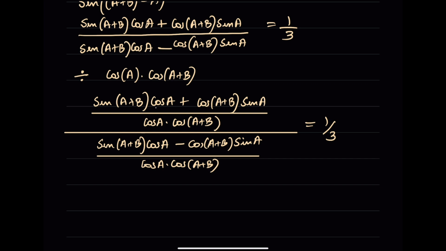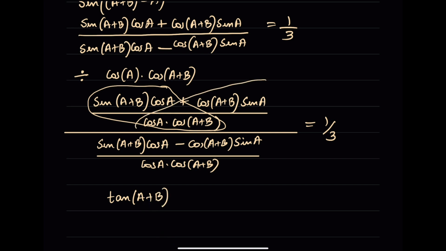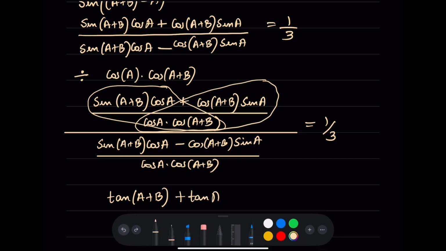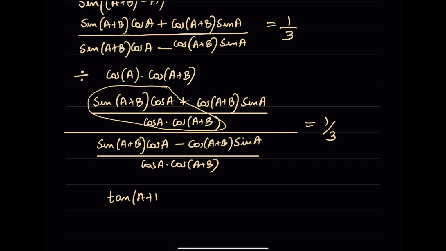Now let's divide each term with the new denominator. So the first term in the numerator, this part would change to tan of A plus B, and the second part, this would change to plus tan A. Let me rewrite it, just a second, plus tan A, correct?